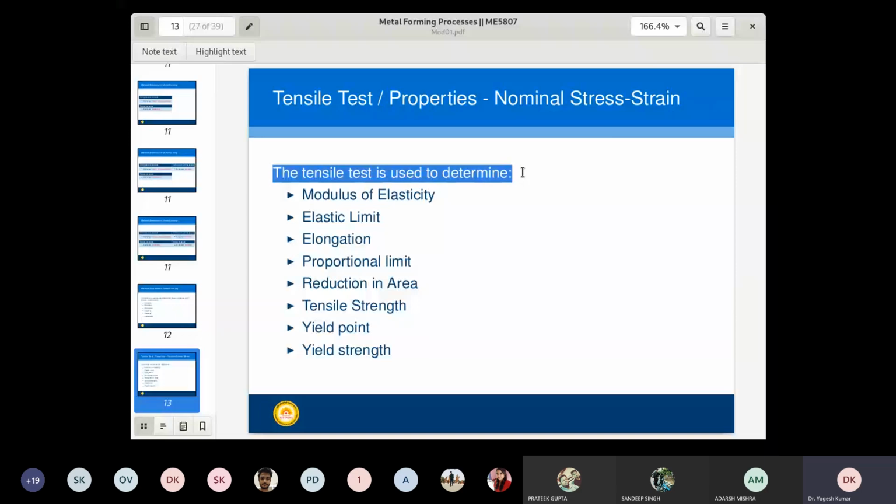Under tensile testing, we draw the stress strain diagram, and through this diagram we are able to find modulus of elasticity, elastic limit, elongation, proportional limit, reduction in area, tensile strength of metal, and yield point or yield strength.